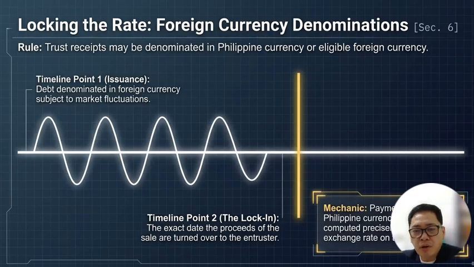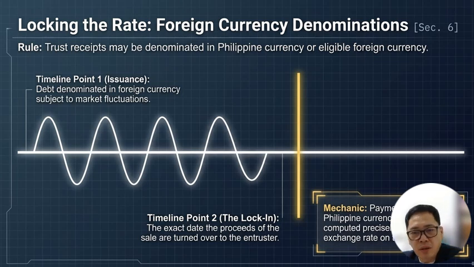So, rules for foreign currency payments to establish a clear standard for settling obligations. Section 6 provides a specific rule for trust receipt denominated in a foreign currency. In this instance, the actual payment turned over to the entrustor must be made in its equivalent in Philippine currency.